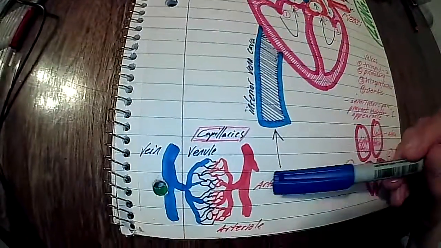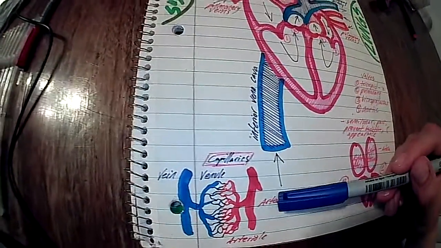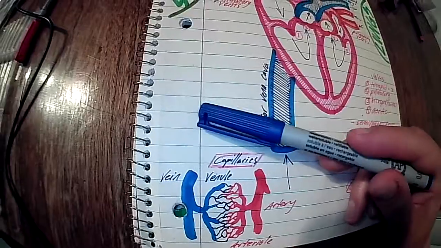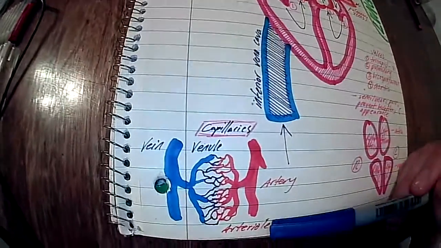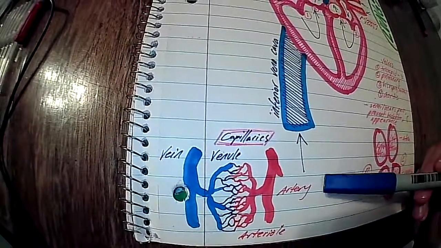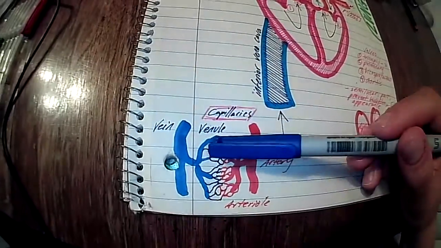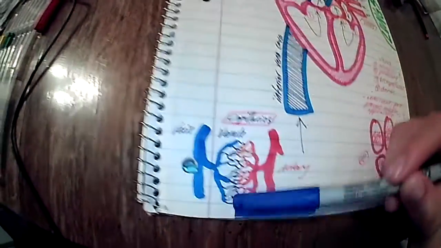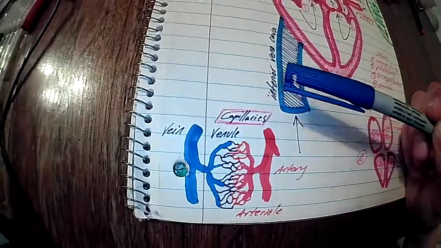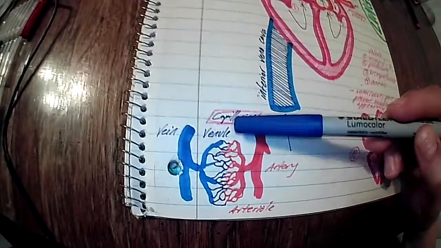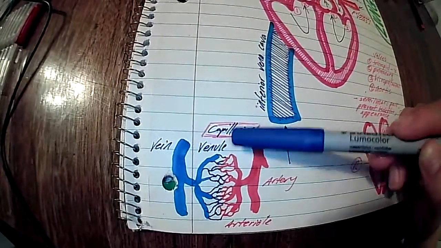So again, arteries bring the oxygenated blood, veins take deoxygenated blood back, arterioles are just small versions of arteries, venules are just small versions of veins. In the middle is where you have that exchange and drop off of oxygen, and the cross section being the capillaries.